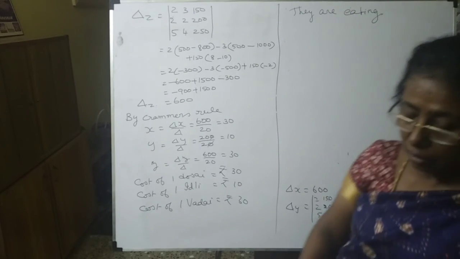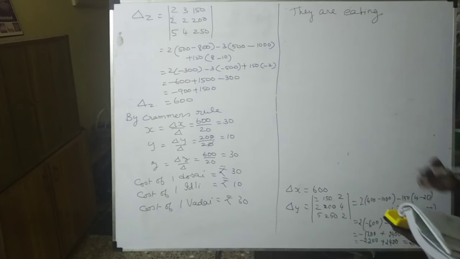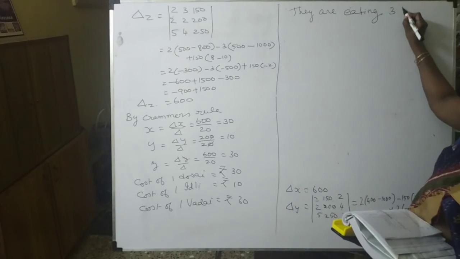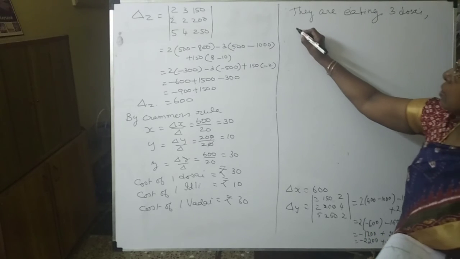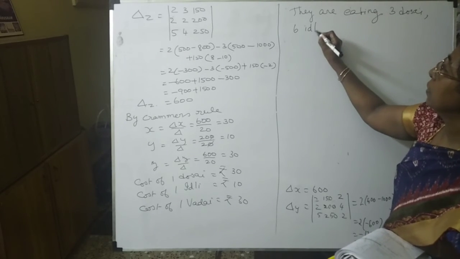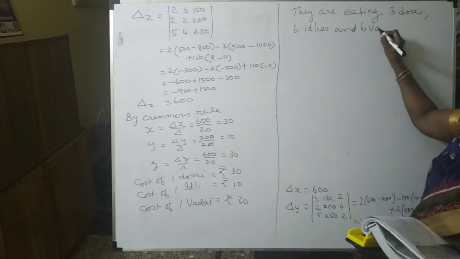How many are they eating? They are eating 3 dosai, 6 idlis and 6 vadais.